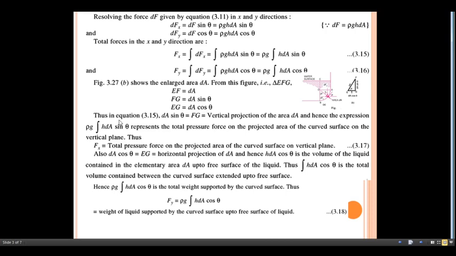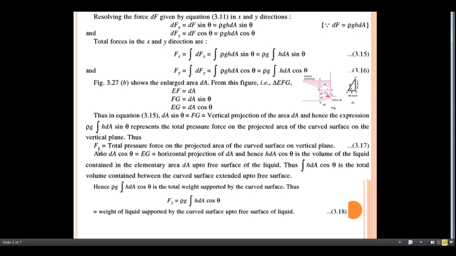Now just look towards this equation. dA into sine of theta is nothing but the FG, the vertical projection of the area dA, and hence the expression ρg into the integration of h into dA into sine of theta represents the total pressure on the projected area of the curved surface on the vertical plane. So here is the vertical plane with us.